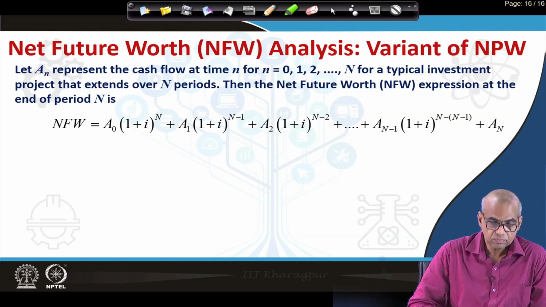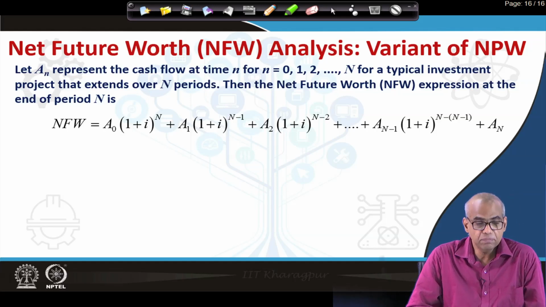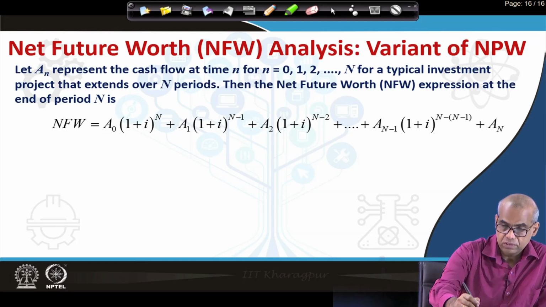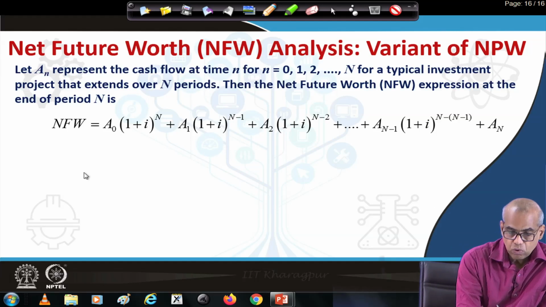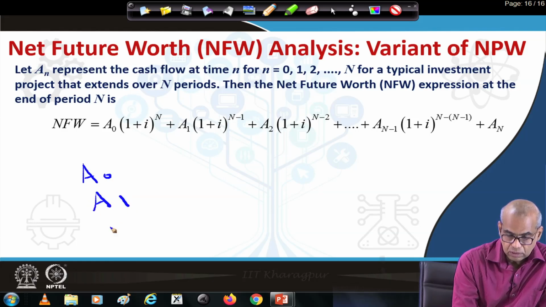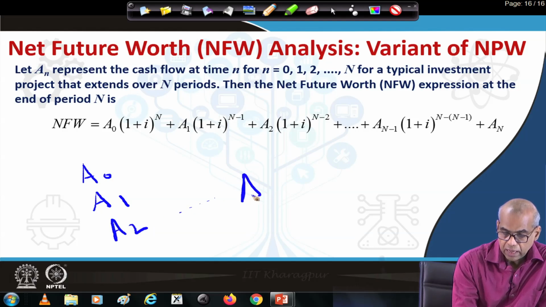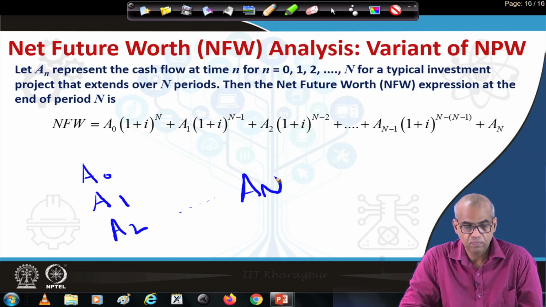Now, let An be the cash flow at time n for n equal to 0, 1, 2 up to N for a typical investment project that extends over N periods. So, what you are saying is that we have cash flow like A0 at 0 year, A1 the first year, A2 second year up to AN in the nth year.